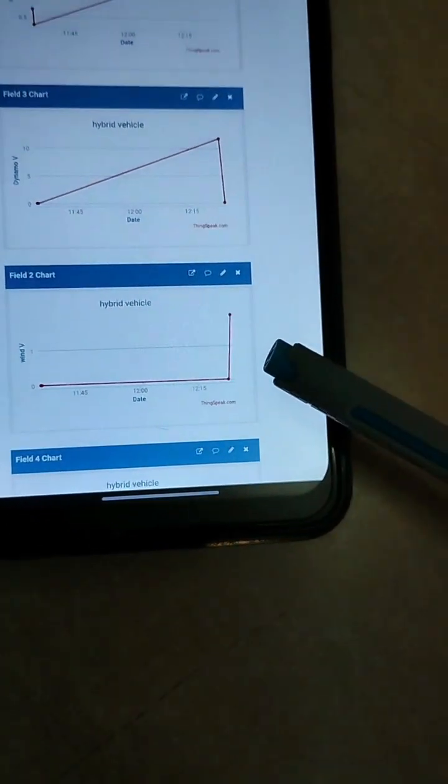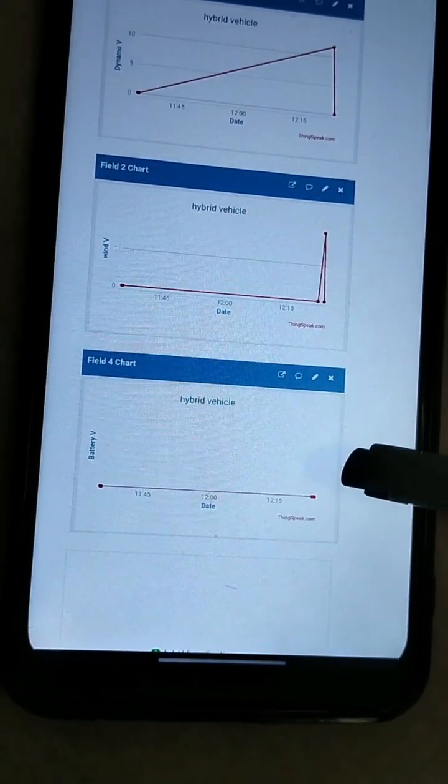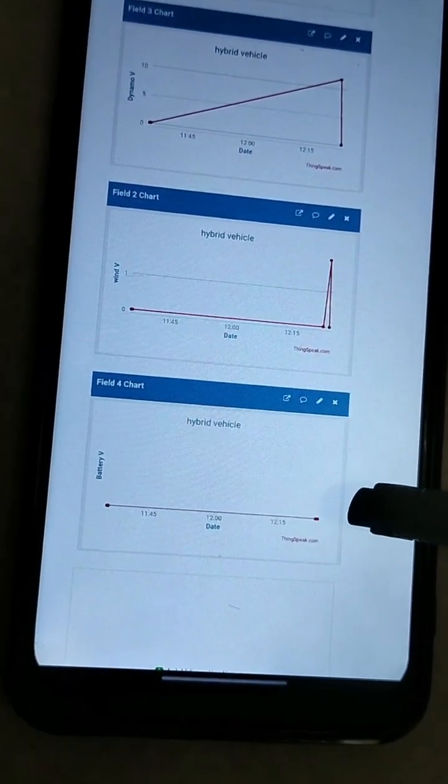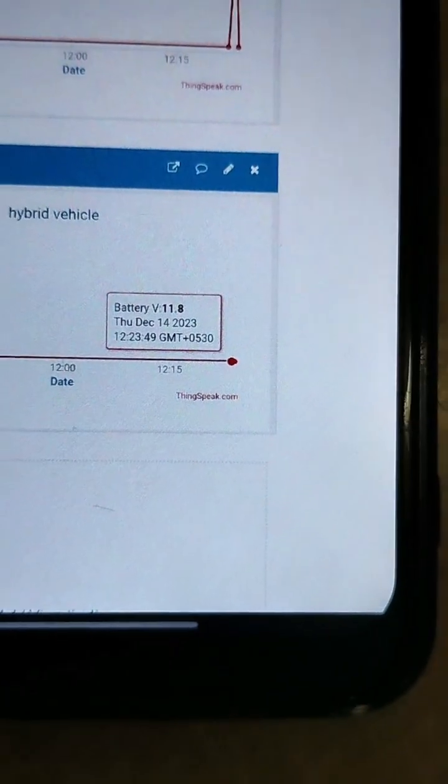And in wind, as we rotate the wind blades, it increases slightly. No major generation of power. We can see a straight line of 11.8 battery generation or consumption.